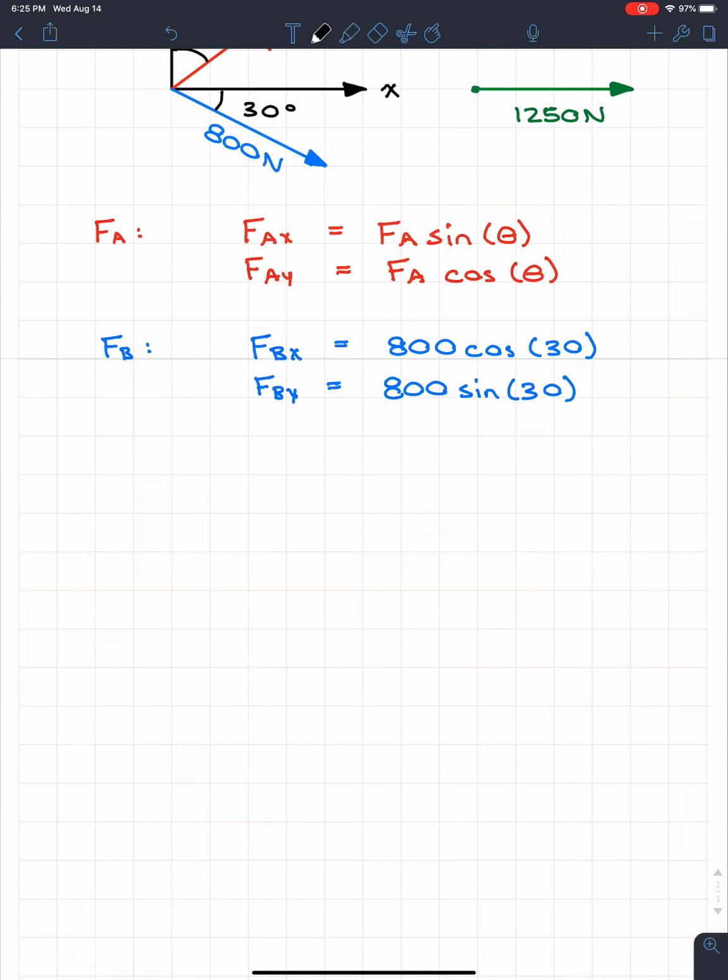We know the x component of the resultant force, FRX, is going to be equal to the x component of FA, so FAX, plus the x component of FB, so FBX. And we also know that FRY, the y component of the resultant force, is going to be equal to FAY plus FBY.